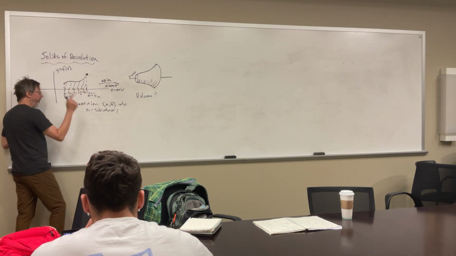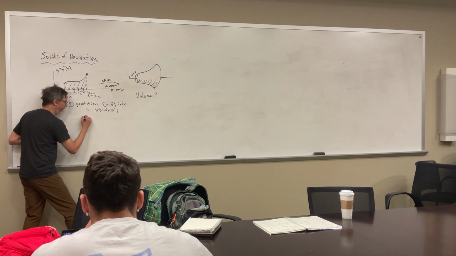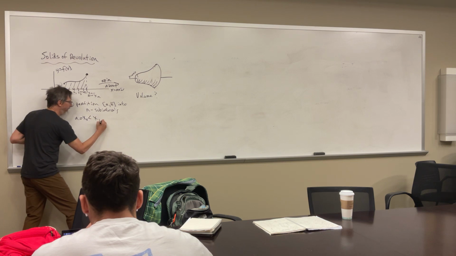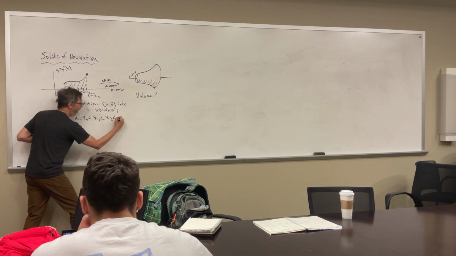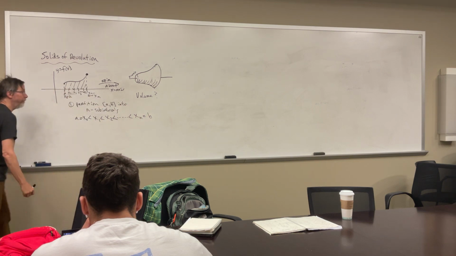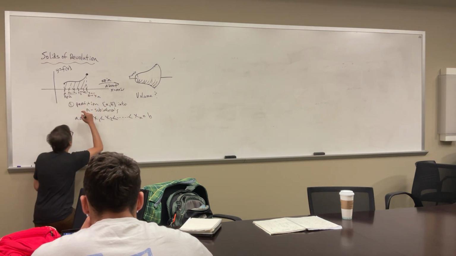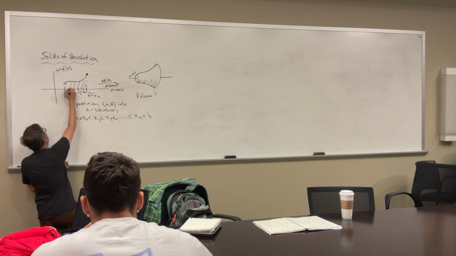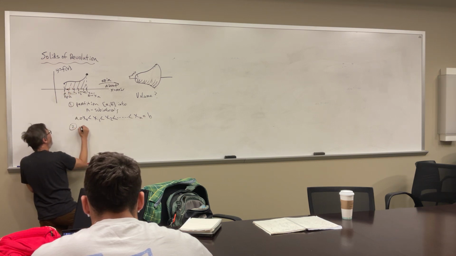So what we're going to do next, let's do the interval here. So a is equal to x0, that is less than x1, less than x2, less than dot, dot, dot, less than x sub n, which is the right endpoint. This produces these subintervals, and you've seen this story before, and you're going to see it again. Step two is in each subinterval.